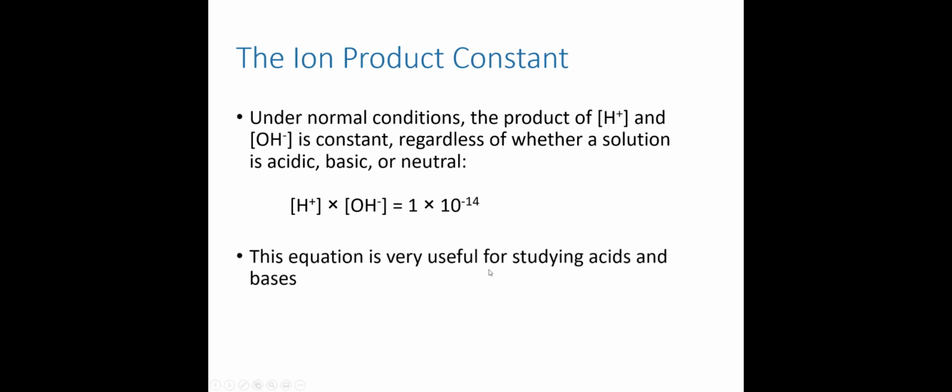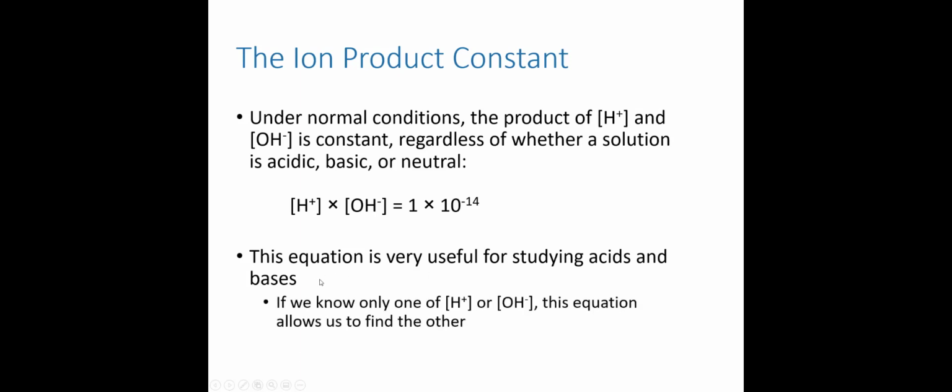So it's an extremely useful relationship when we're trying to come up with quantitative relationships for acids or bases. And the reason for its value is that if we know what the proton concentration is, we can always find the hydroxide concentration. And vice versa. If we know the hydroxide concentration, we can always find the proton concentration for any solution in water.